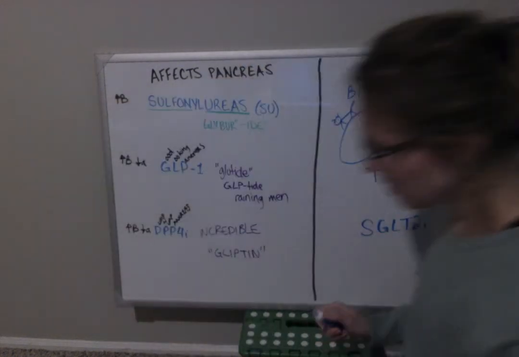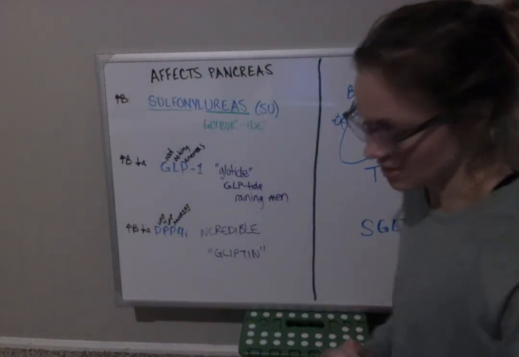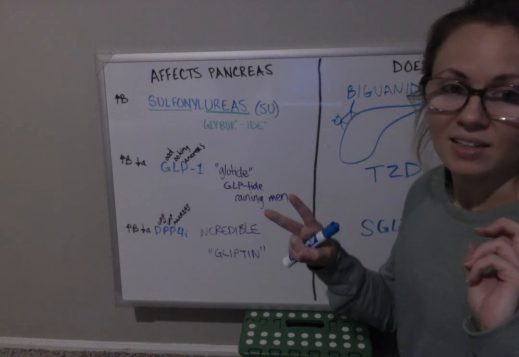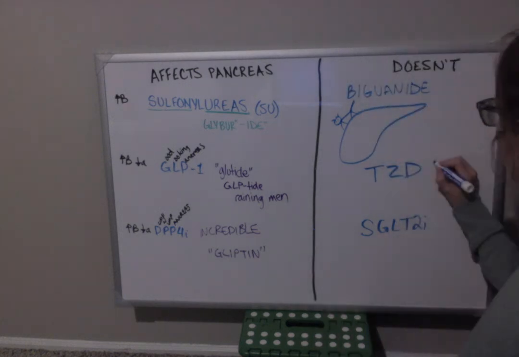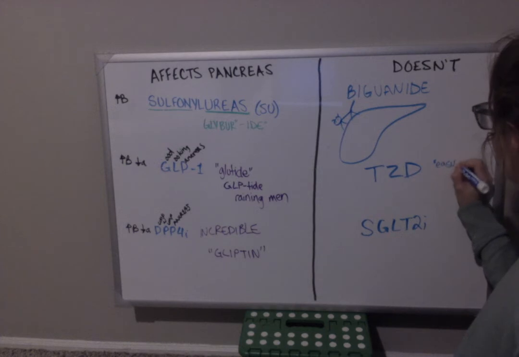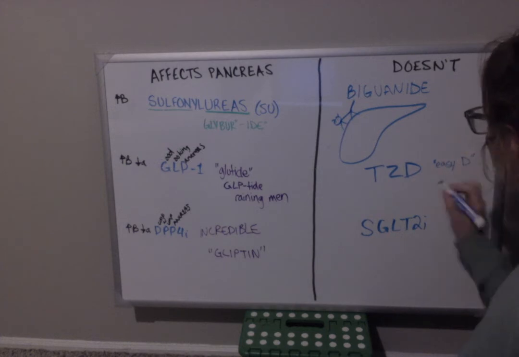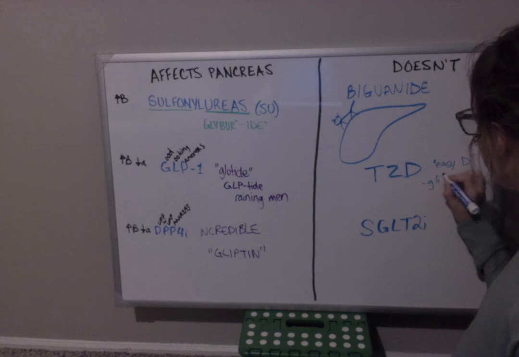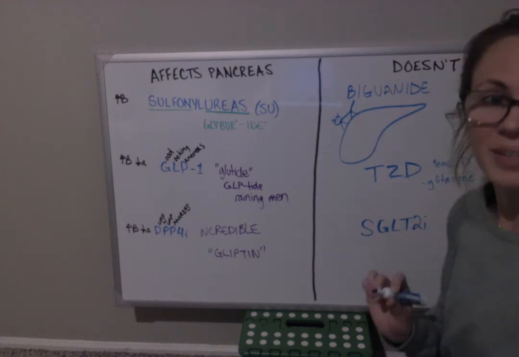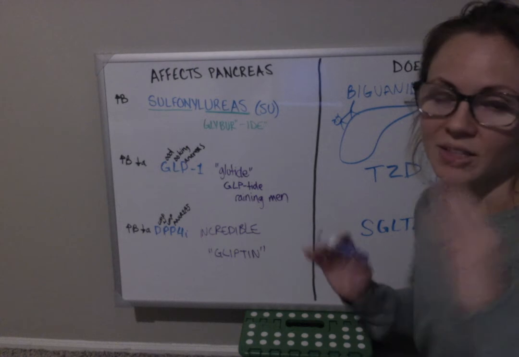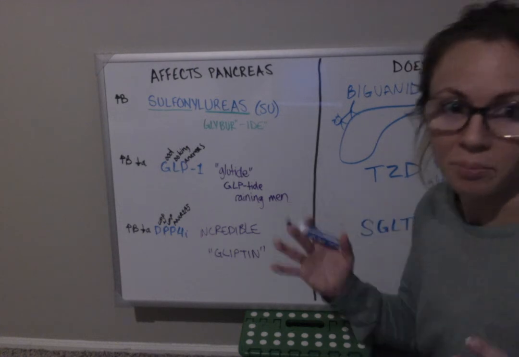And so TZDs, it kind of sounds like EZD, and EZD, I think of as that's a strip club, and these end in glitazone, so that sounds like glitter zone. And as we know, the glitter zone in the body, or in the strip club, is on the body, like from body glitter.